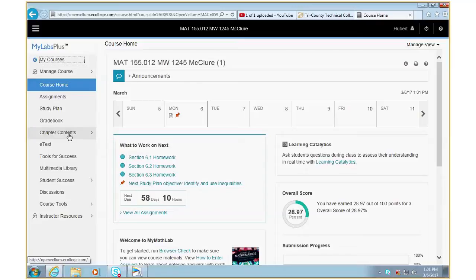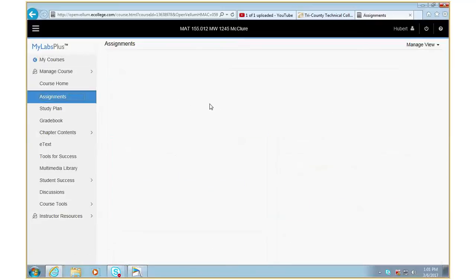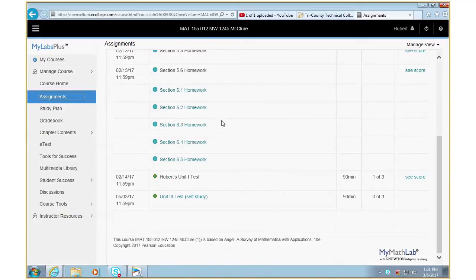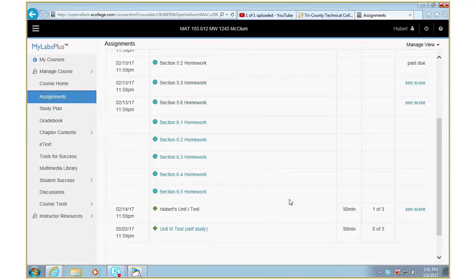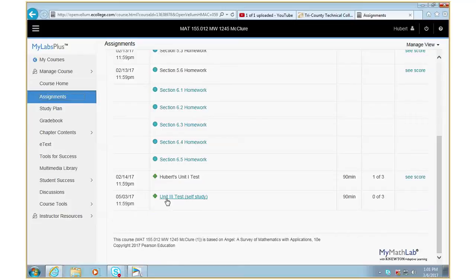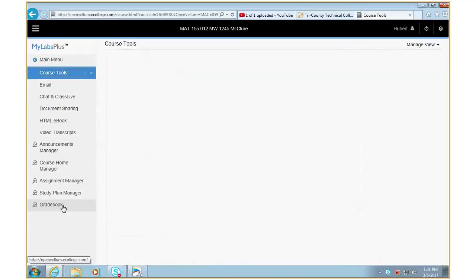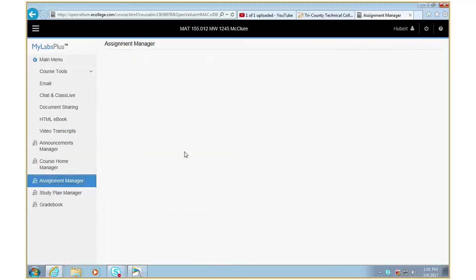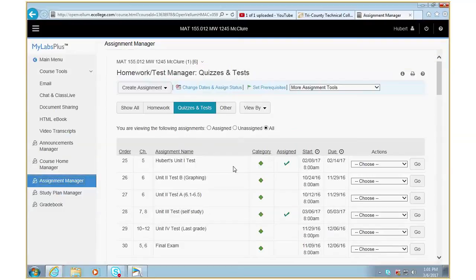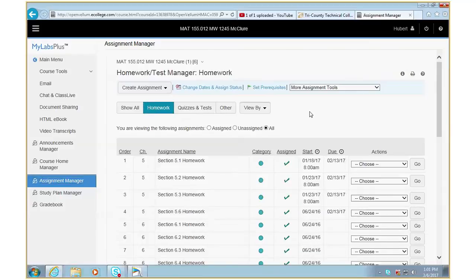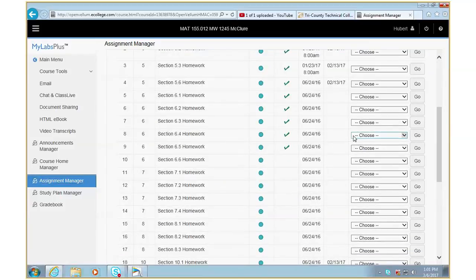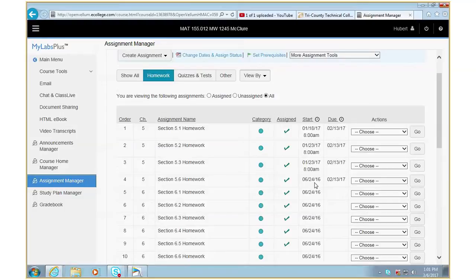Where's the assignments? There it is. And test. Oh, I need to give you the homework too. And there's the Unit 3. So let me go do the homework for you right quick. And therefore you'll have it. And also, I think y'all got 6.4 and 6.5. I should have that assigned. Yeah. So there it is.